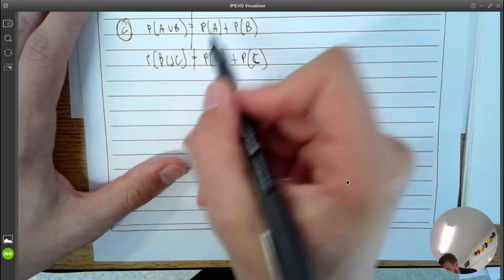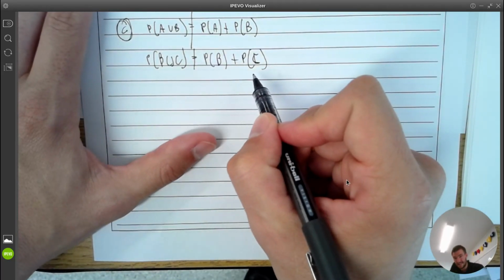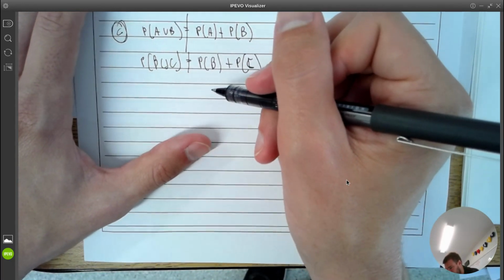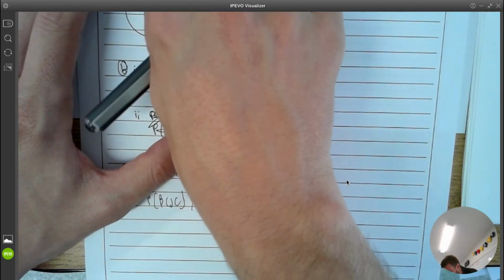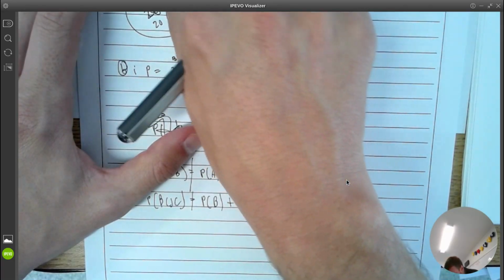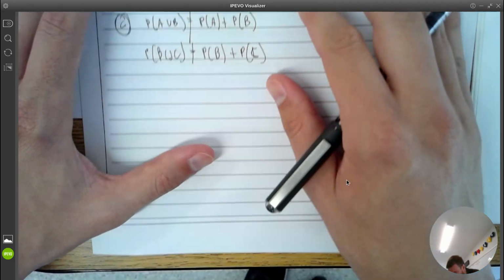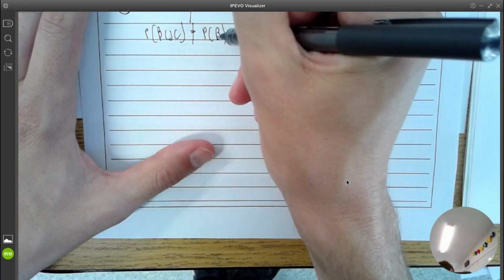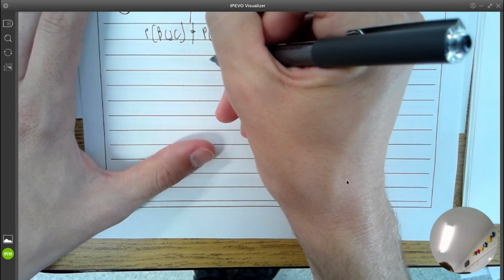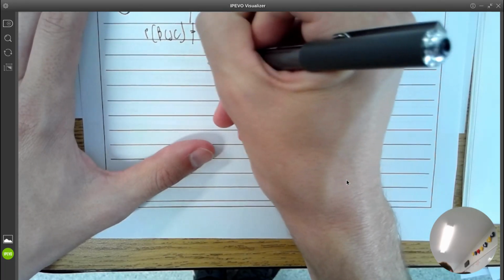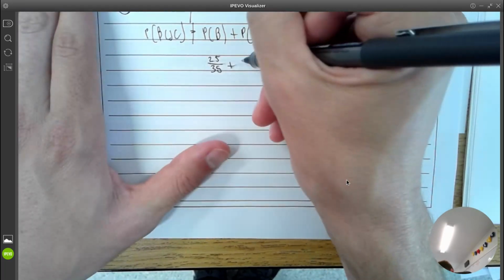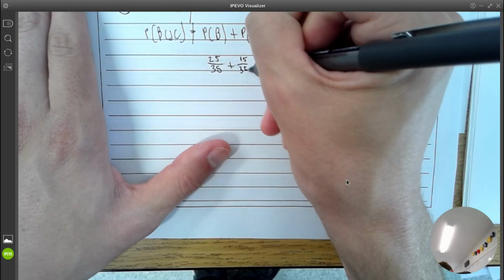Rewriting it with B and C, the probability that a student is in biology. Let's see, what does it say? The probability for a student to be in biology is 25 out of 35, and the probability that a student is in chemistry is 15 out of 35.